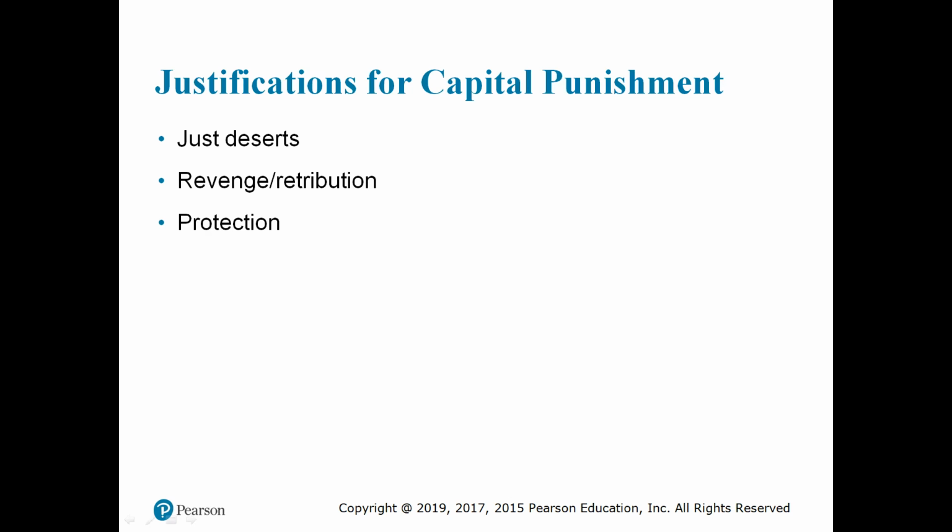Justifications for the death penalty. There is the revenge or retribution factor: you killed somebody, therefore we will kill you. That's your just desserts. And it also is a protection against future crime that the person may commit. There are a lot of people on death row that have killed more than one person.